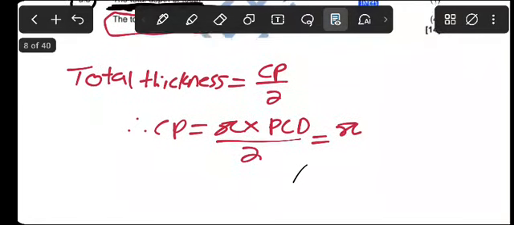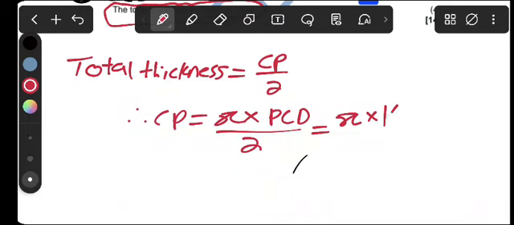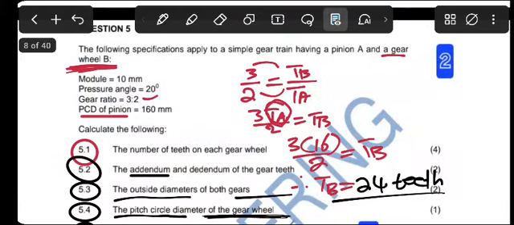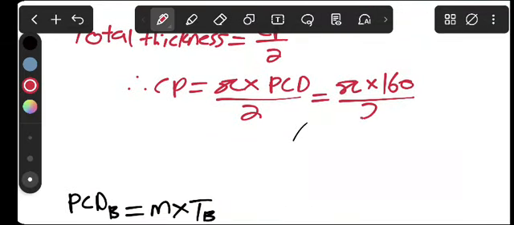Thickness of PCD. We have the PCD, which we're given there, 160 of the pinion, divided by 2.